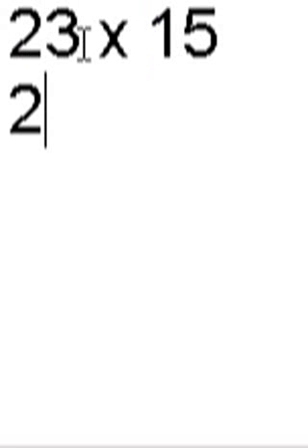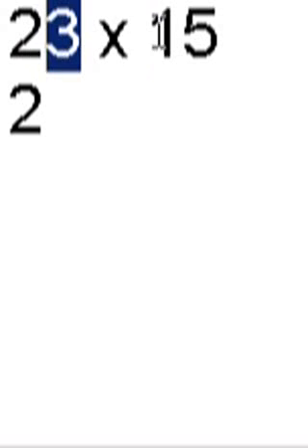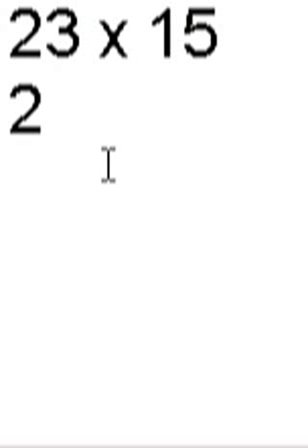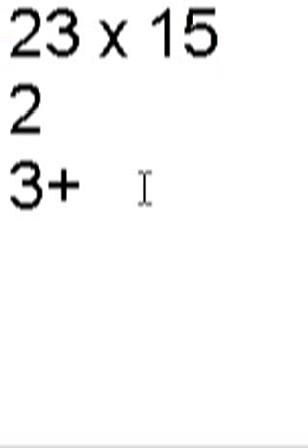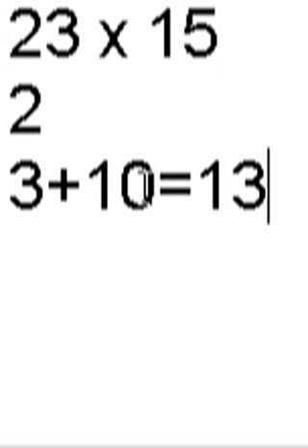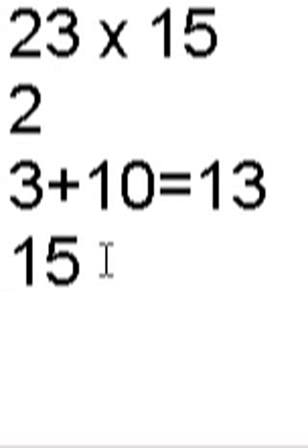The second step is to multiply from the inside out. 3 times 1 is 3, and then I'm going to add the outside. 2 times 5 is 10, and we get 13. The last step is to multiply the last digit of each number. 3 times 5 is 15.